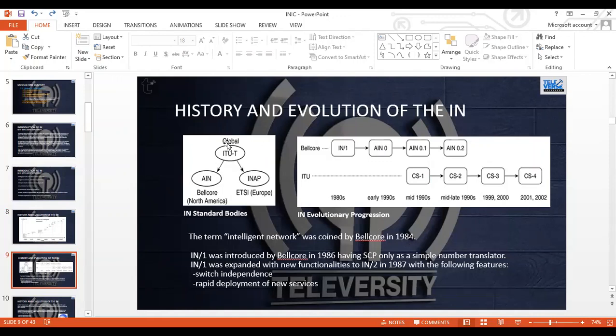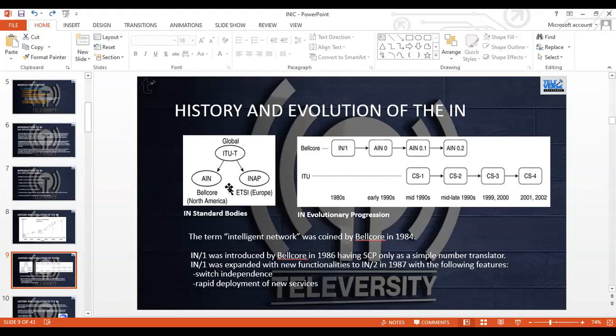We have these standard bodies, ITU-T, the International Telecommunication Union, and then under it we have the one for Europe, ETSI, and so we have the INAP and the AIN.